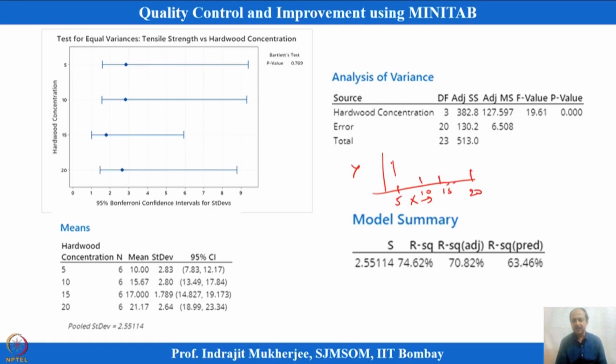In this case we expect there will be variation, because if I repeat the experiment, I have n observations at 5%, that is 6 observations, and these will vary; we cannot get single values. Similarly, the second level will also have some variation, and the third as well.